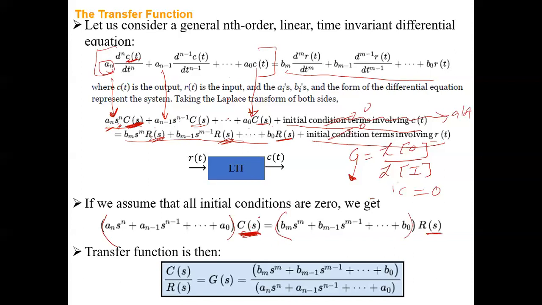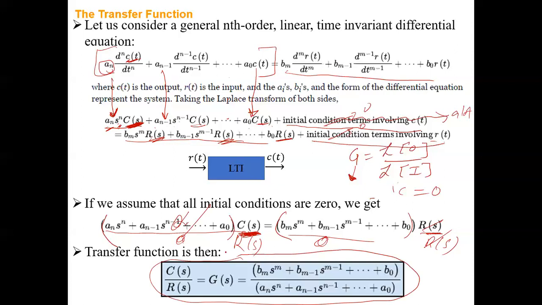Now, the ratio of C(s) over R(s) is G, right? So divide both sides by R(s), then the R(s) cancels out. Then divide both sides by the parenthesis on the left, and that cancels out. Finally you get this. This is the formula.